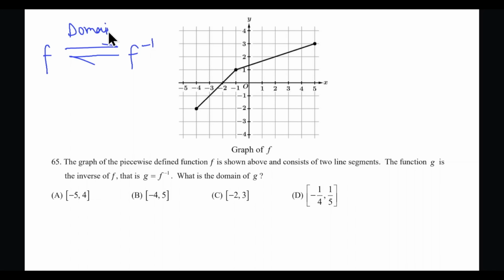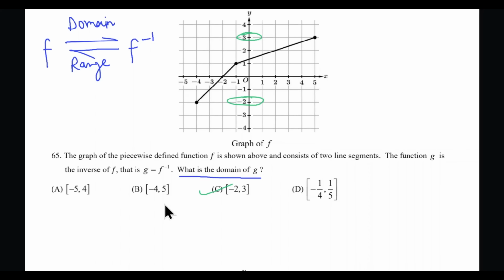In other words, the domain of f is the range of f inverse, and the range of f inverse is the domain of f. So if they're asking me the domain of f inverse, because g is f inverse, I'm basically looking for the range of f. And the range of f is -2 to 3. So negative 2 to 3 is the range, which has to be option C. That should be the answer.